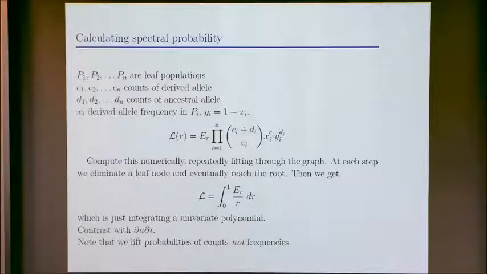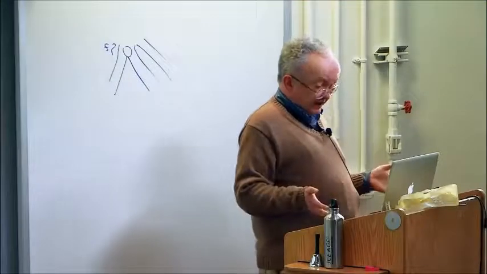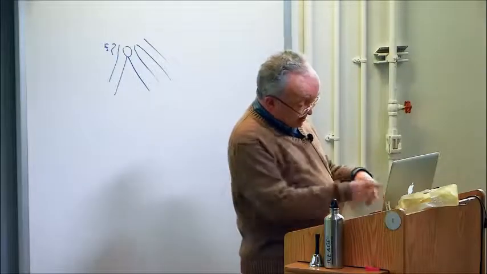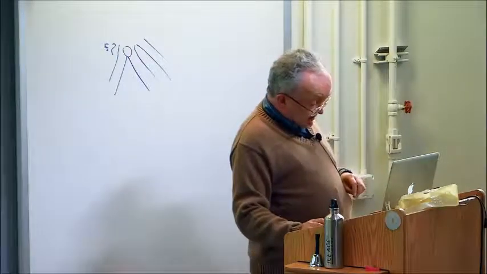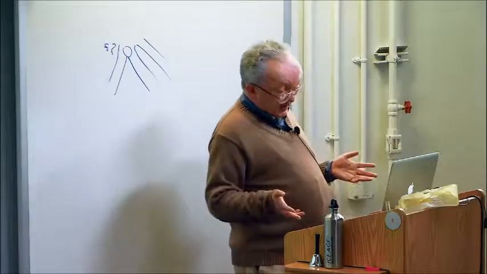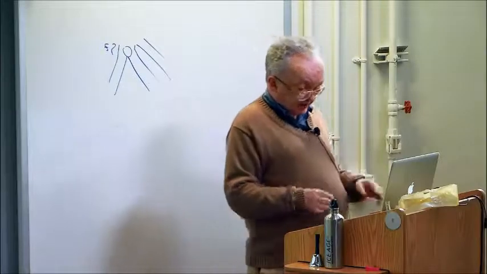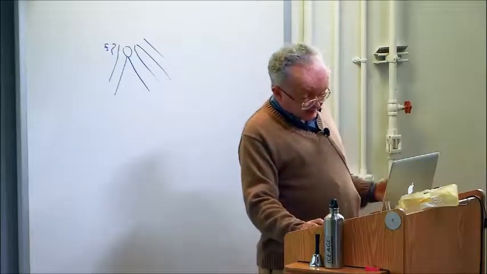I've got a whole bunch of what I think of as leaf populations, and I'm thinking of them now as current populations, and I'm observing counts of the derived and ancestral alleles on the leaf populations. So I'm going to introduce a variable x sub i, which corresponds to the derived allele frequency in each leaf population. Just for notation, y sub i is 1 minus x sub i.